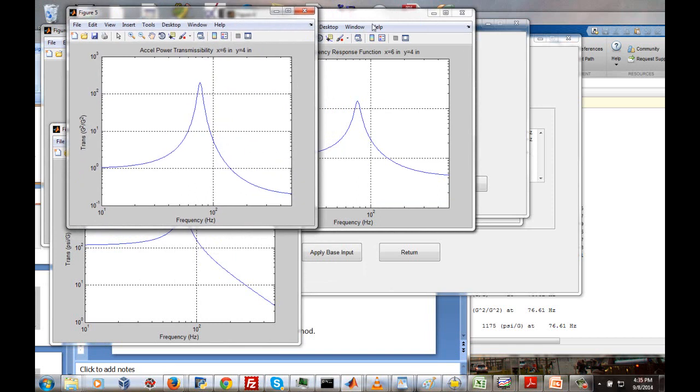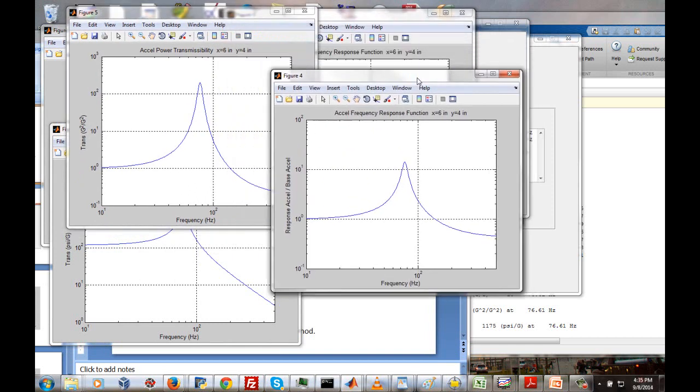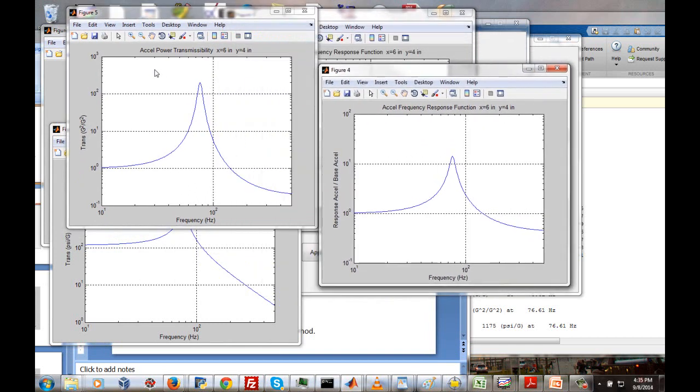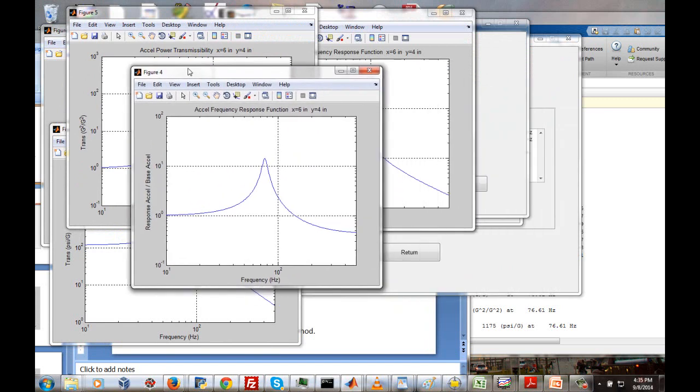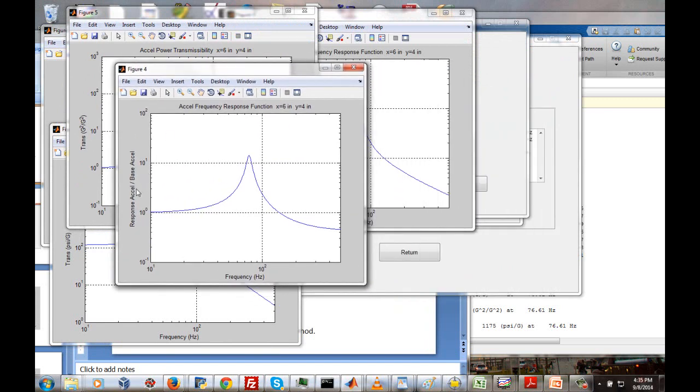Let's get our transmissibilities here. Here's a power transmissibility, G squared out divided by G squared in. And X is equal to 6 inches, Y is equal to 4 inches. That's the center of the plate. Then we have the response acceleration divided by the base acceleration. So this is simply G out divided by G in.